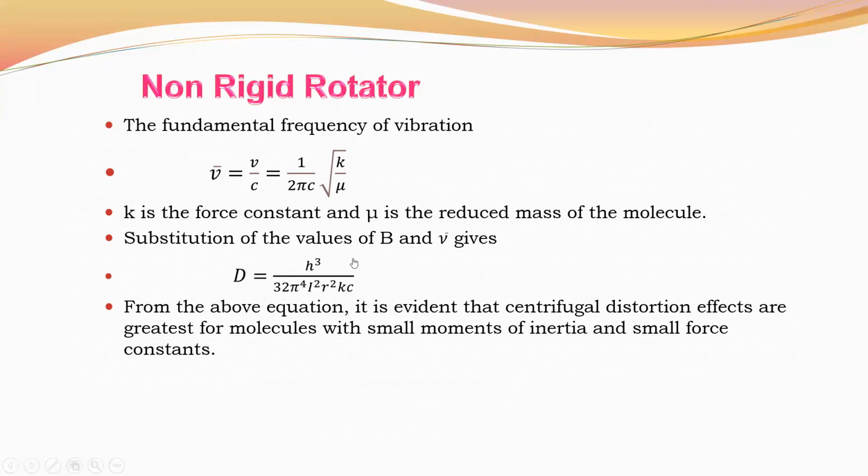That is, D is equal to h cube divided by 32 pi raised to 4 I square r square kc. I square and k are in the denominator. So when I is small, then the distortion will be greater. And if k, the force constant, is small, then D must be greater.